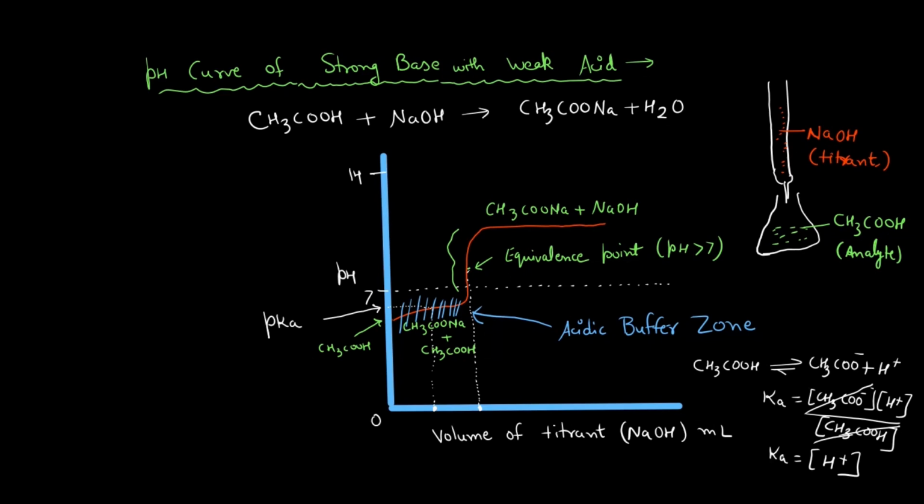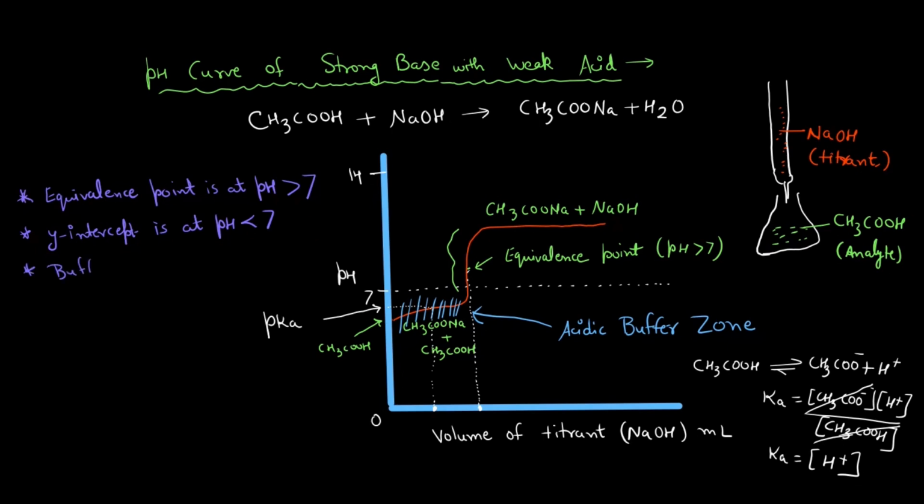So what are the salient features of this curve? The salient features of this titration pH curve are that the equivalence point is at pH greater than 7. Second, the y-intercept is at pH less than 7. We have an acidic buffer zone.